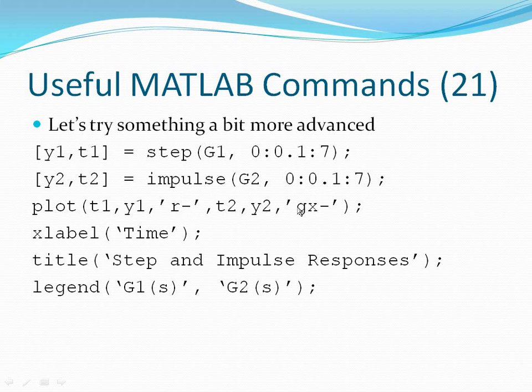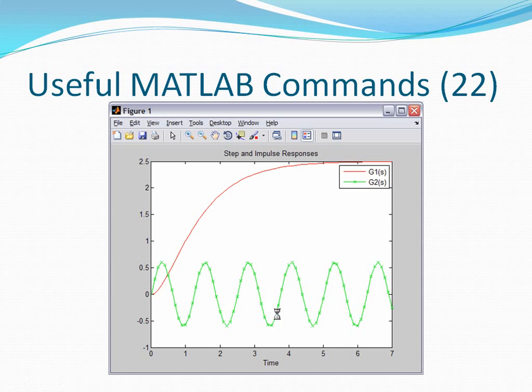I'm going to label the x-axis, which is time, and then the title, I'm going to call it step and impulse responses, and I'm also going to give it a legend. So the first set of points corresponds to the first transfer function, and the second set of points corresponds to the second transfer function, which is this. And it's going to look like this. Okay, that's not too bad. So you're just plotting both step and impulse responses together on the same graph.